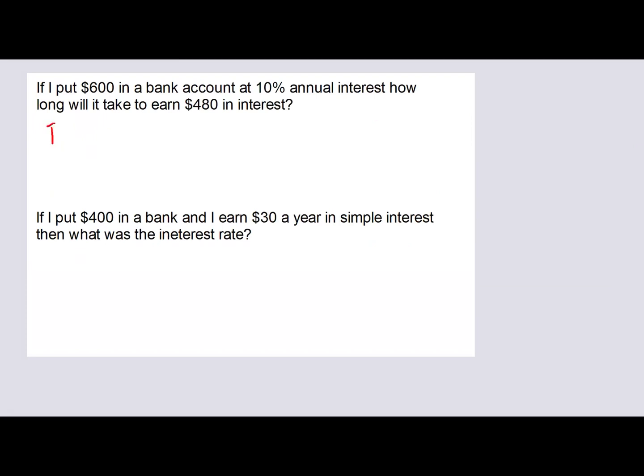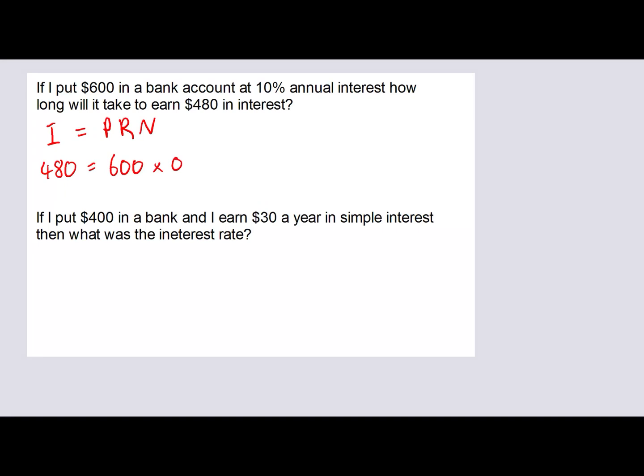It says, if I put $600 in a bank account at 10% per annum, so 10% annual interest, how long will it take to earn $480 in interest? So let's write down the formula. Interest is equal to the principal times the interest rate times the number of years. Now, what do I know and what do I not know?